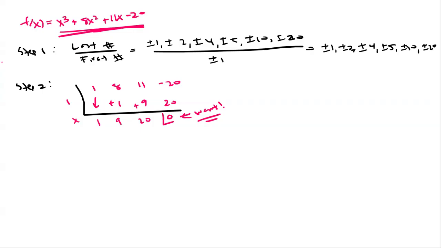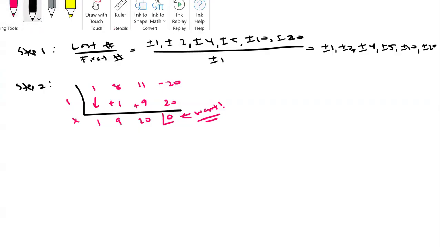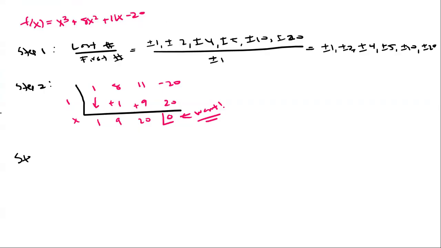Okay? So then we just need to write this in step number 3, which is in factored form. So this is 1, so the opposite is going to be x minus 1. And then, remember, since we divide by x, this is going to reduce from x to the third to x squared. So it'll be x squared plus 9x plus 20.